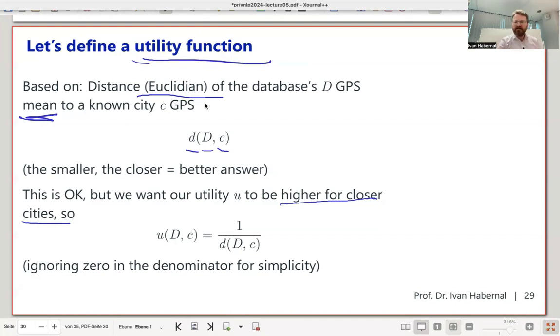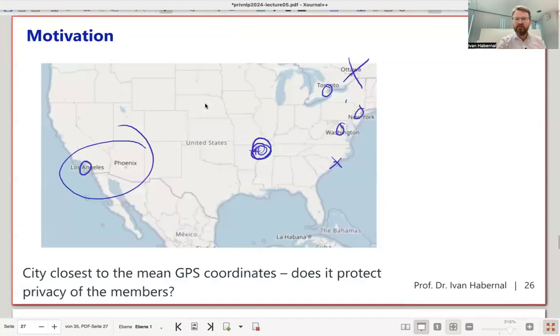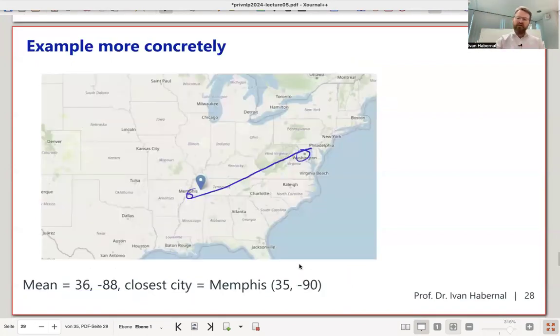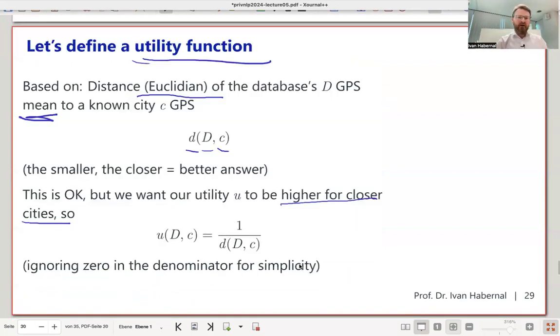If we travel far away, the utility will be smaller, because the distance is higher. So we just flip the fraction here. I'm going to call it U, and again, it takes the database and the city C. So 1 over D.